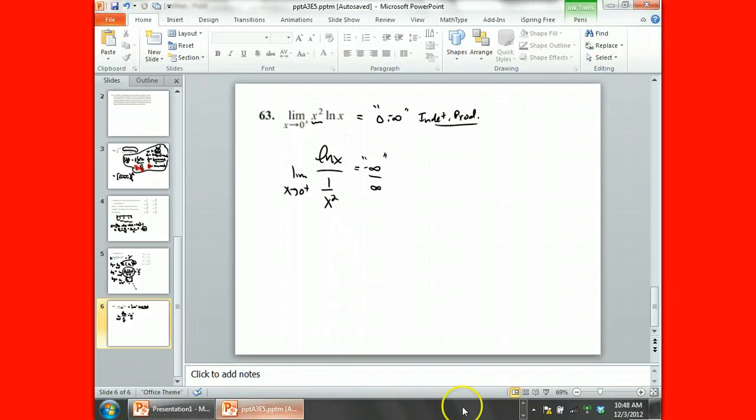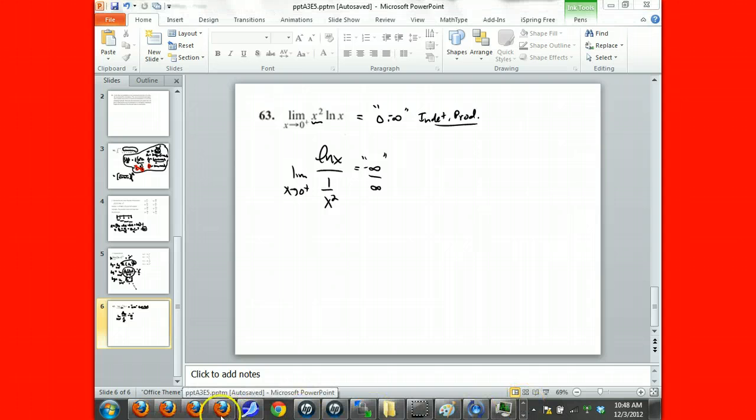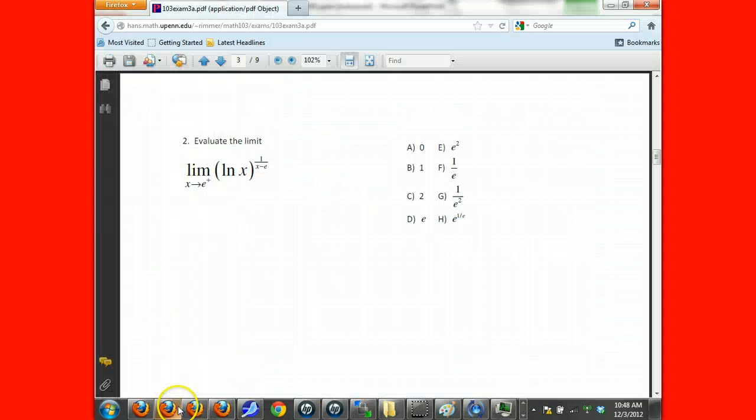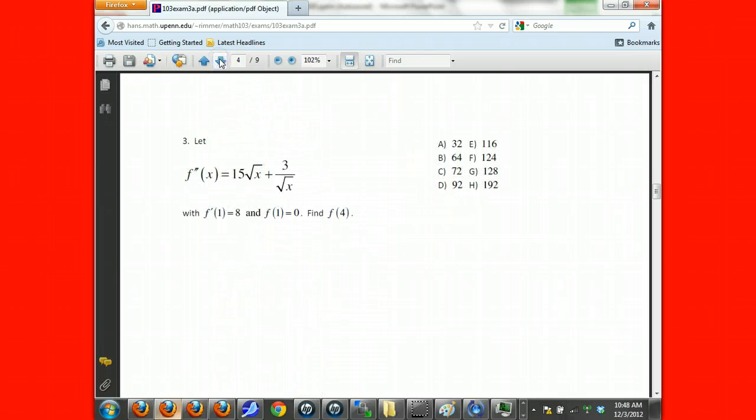I had one more question about the practice exam. For number 3, I think it was. It asked me to integrate, basically integrate it twice. So I did it the first time.